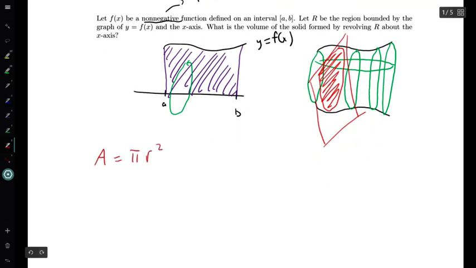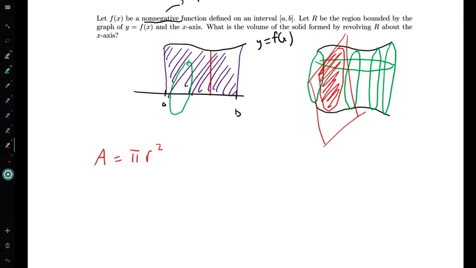The question, of course, is what is the radius of the circle that we've drawn, because it should depend on x. So if I go here to my picture and I think about what exactly this red circle corresponds to in this picture, it's going to correspond to a vertical line which forms the radius of the circle.